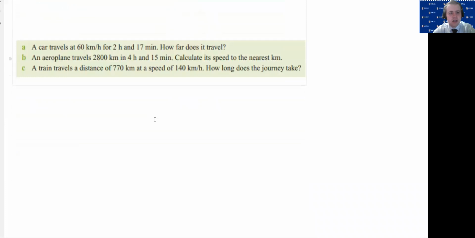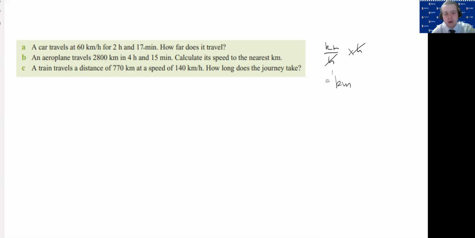Let's look at these questions here. A car travels at 60 kilometers per hour for 2 hours and 17 minutes. How far does it travel? So in this instance, we have a rate, 60 kilometers per hour, and then we have a time. What I want you to think about is if we had kilometers per hour, and then we're multiplying it by the number of hours, we should see that these units will cancel out and we'll just be left with kilometers.